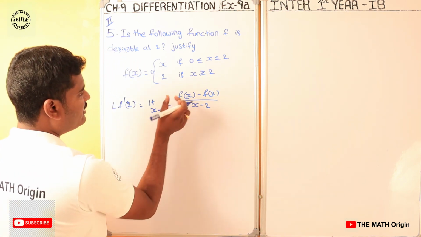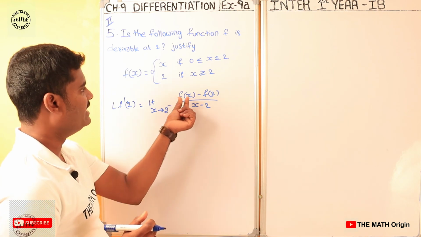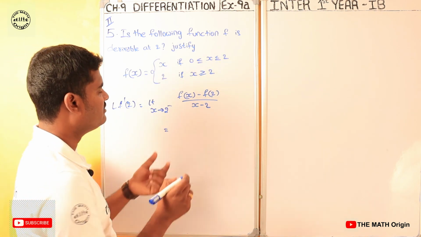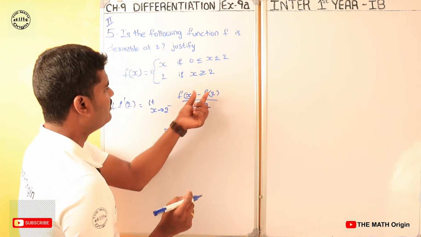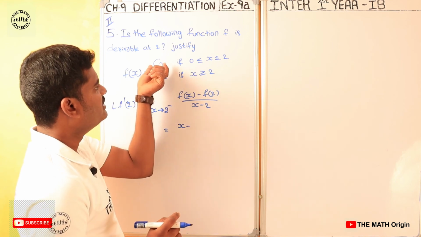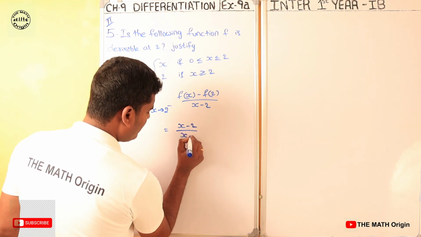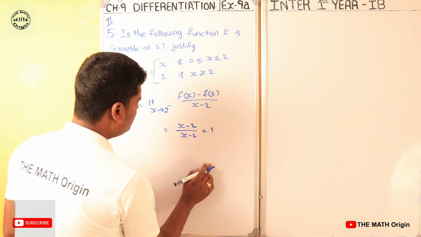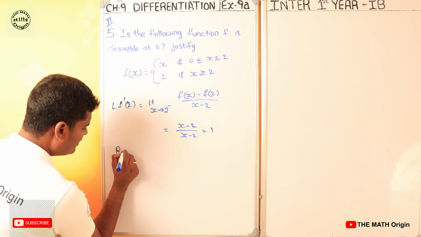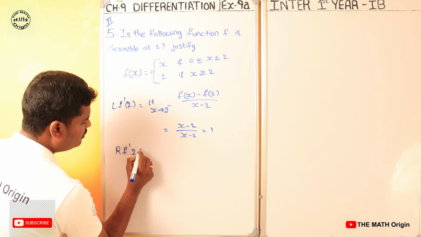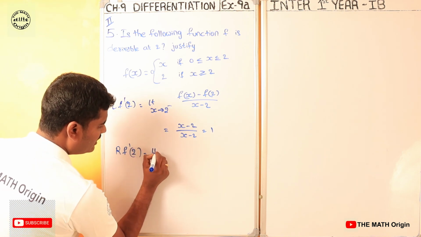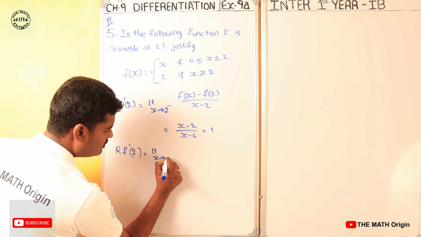For x tending to 2 minus, f of x is x, and f of 2 is 2, so x minus 2 by x minus 2 equals 1.